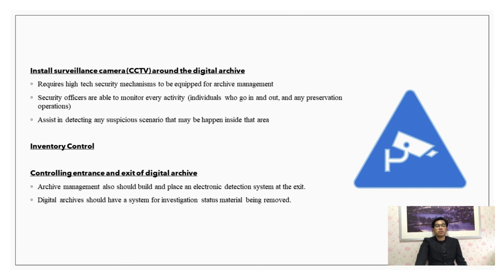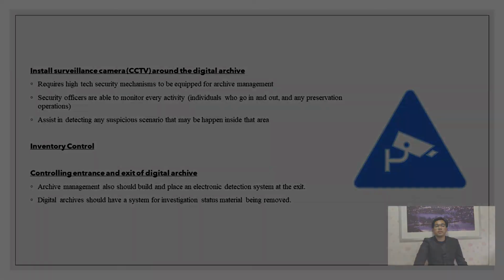Archive management should also build and place an electronic detection system at the exit, so thieves cannot simply sneak out of the digital archive area. It is also advisable that the digital archive have a system for investigating the status of material being removed.